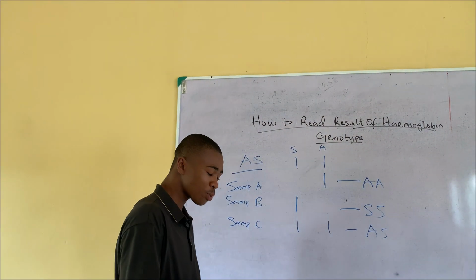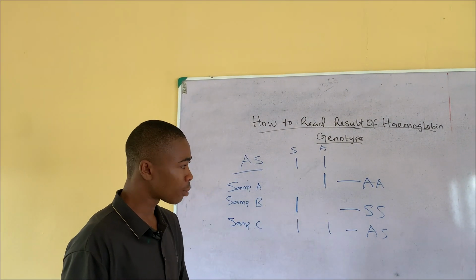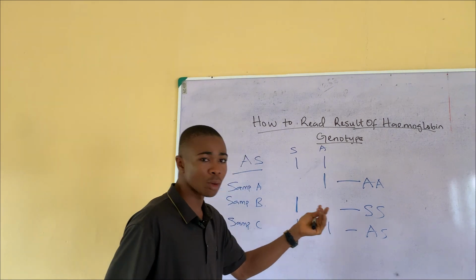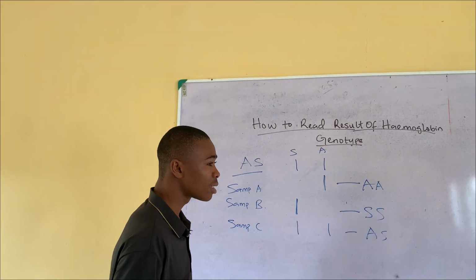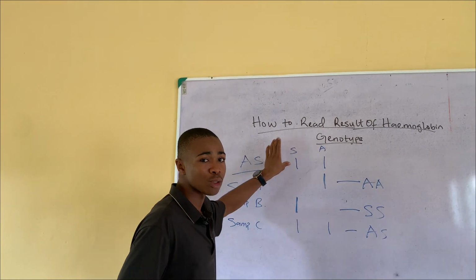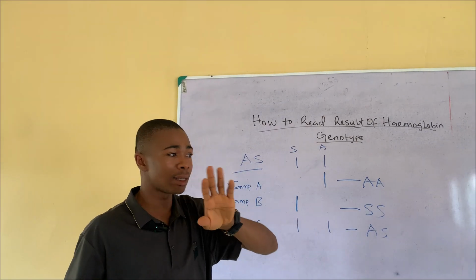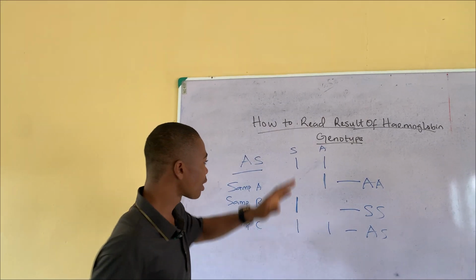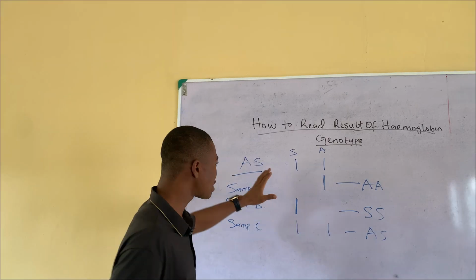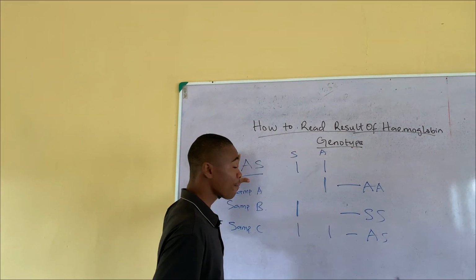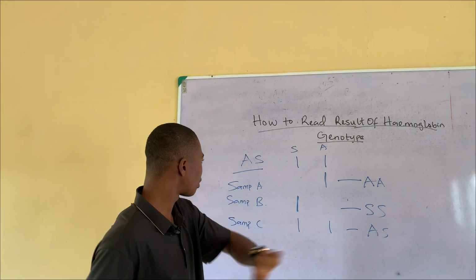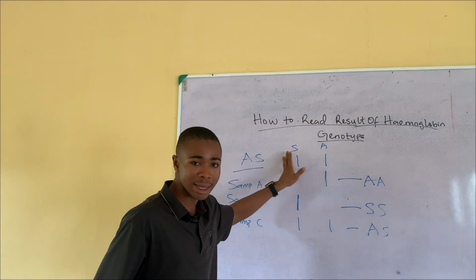In situations where you have another control, maybe a control of AC, because C as a variant doesn't migrate as fast as S. But in my previous video, I limited my work to just the available control, which was AS.